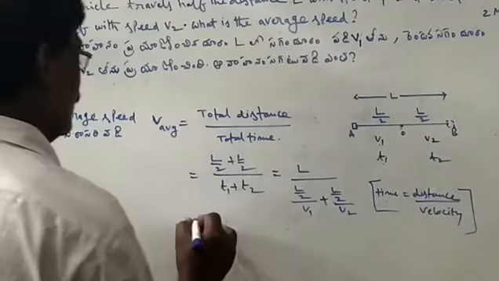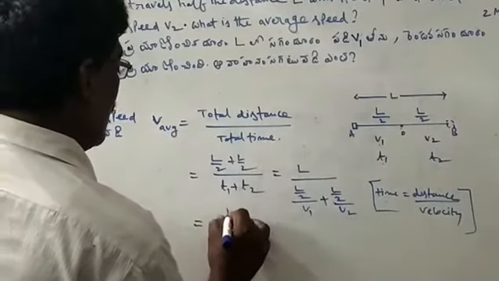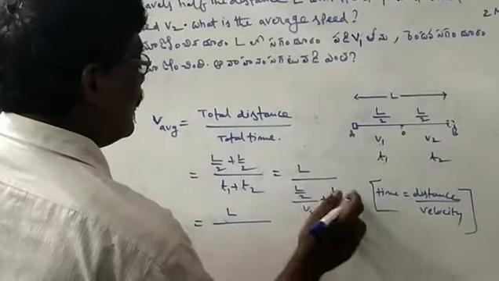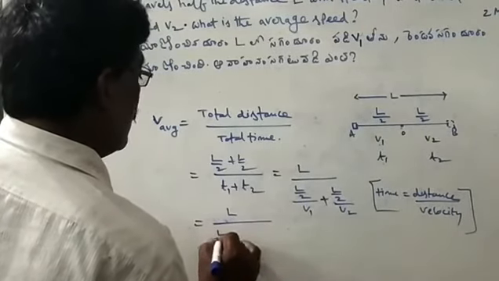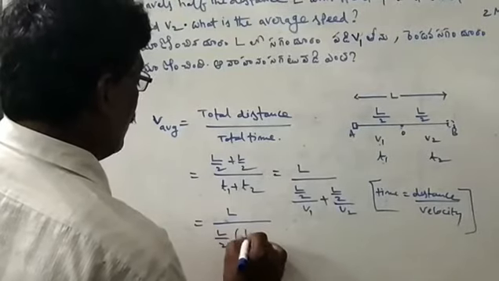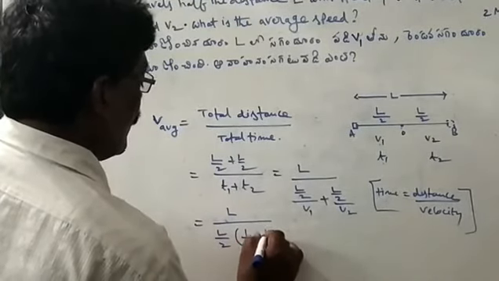That equals L by 2 common, 1 by v1 plus 1 by v2.